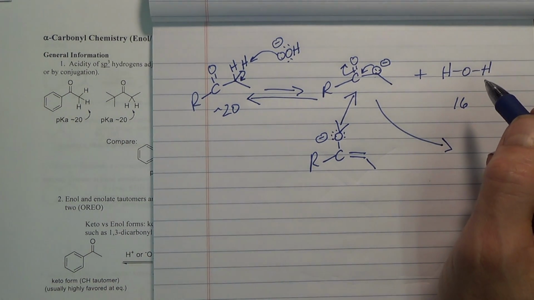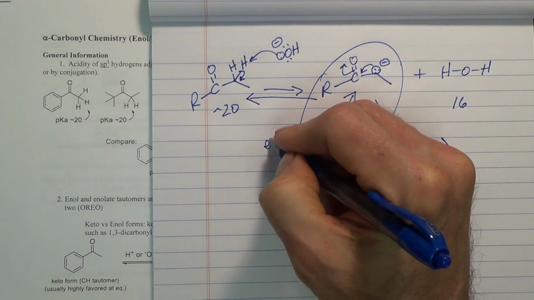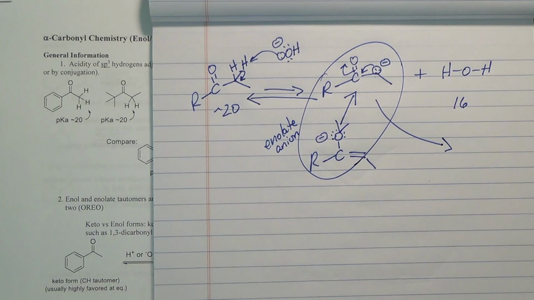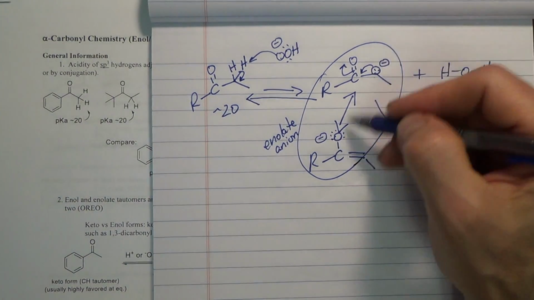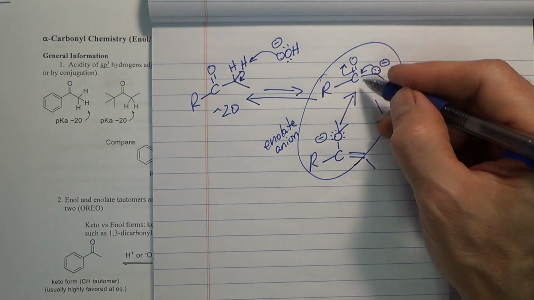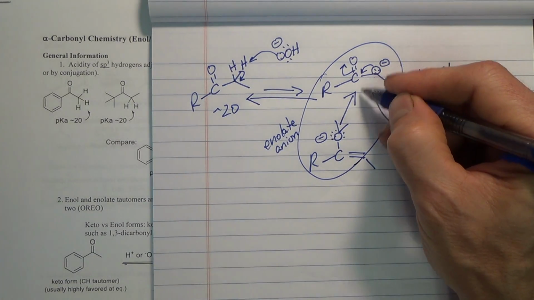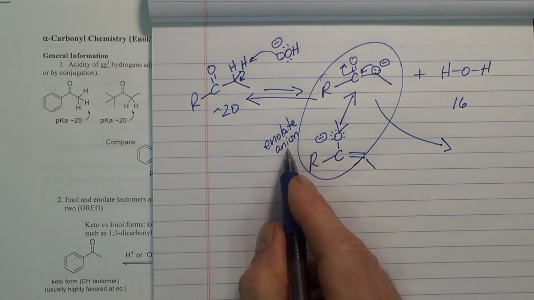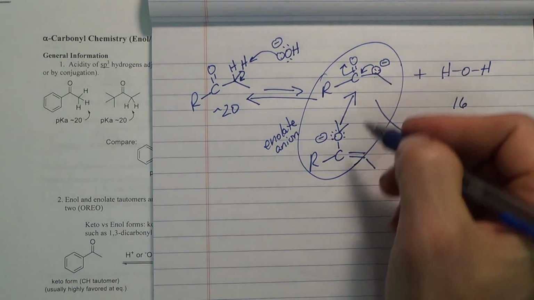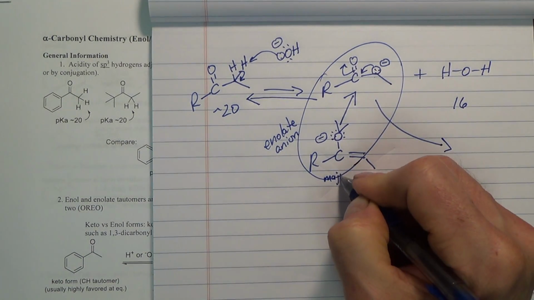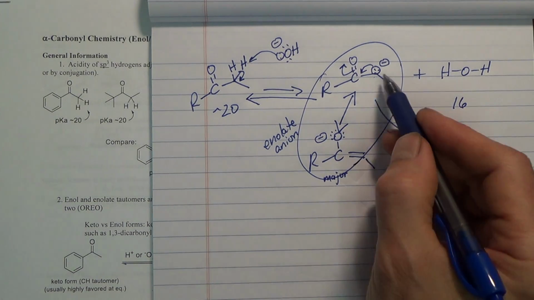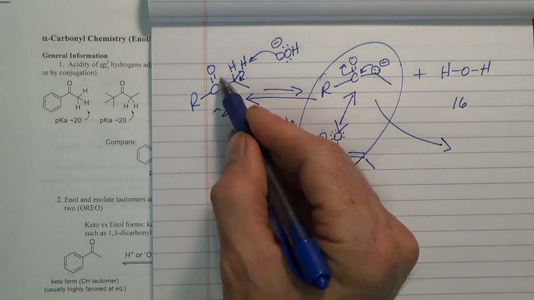And this here is called the enolate anion. Of course, this is just one compound, one molecule here, right? These are two fake resonance structures for one hybrid. The hybrid is called the enolate anion. You can show it either way. This is your major resonance structure because the negative is on oxygen. Now, if we reprotonate here, we go back to this.